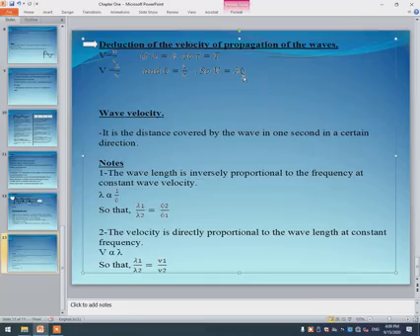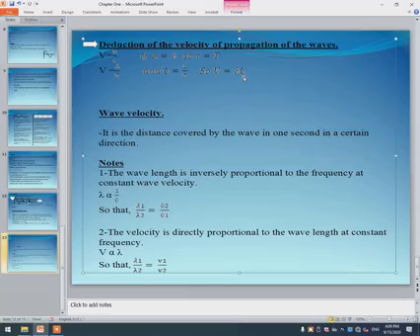But what about these two notes in front of you? You know that the wavelength is inversely proportional to the frequency at constant wave velocity. If you want to study the relation between two factors, you need to fix the third factor. You can't change three factors at the same instant.